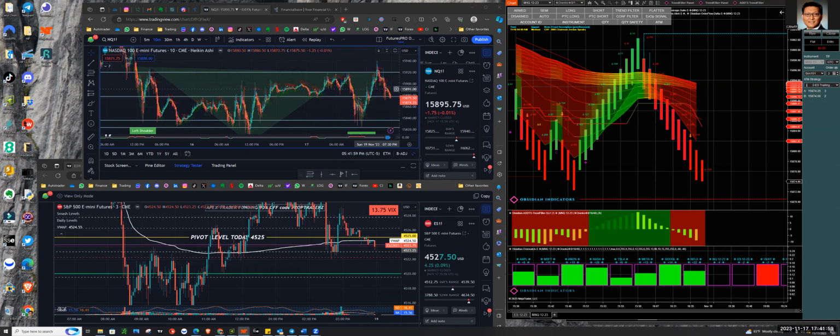I keep watching the ticks, how many ticks there are, and the moment it hits 40, I'll watch the levels and decide, I'll take a risk, I'll go in.